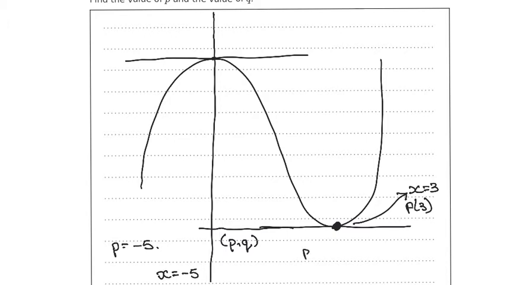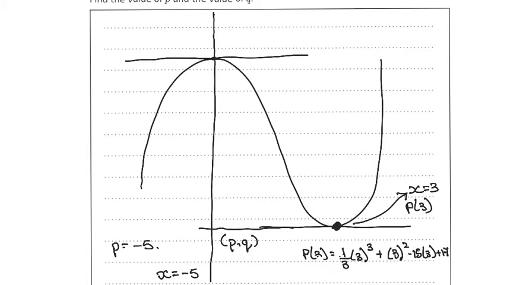So f of 3 is equal to 1/3 times 3 cubed plus 3 squared minus 15 lots of 3 plus 17.